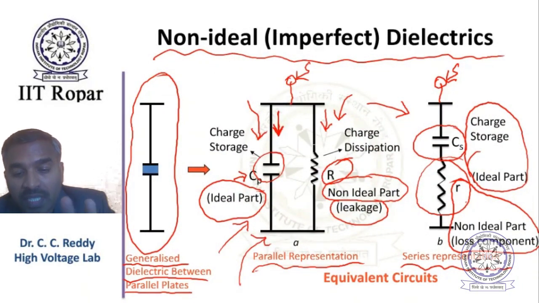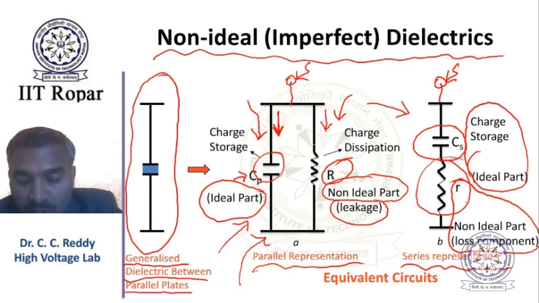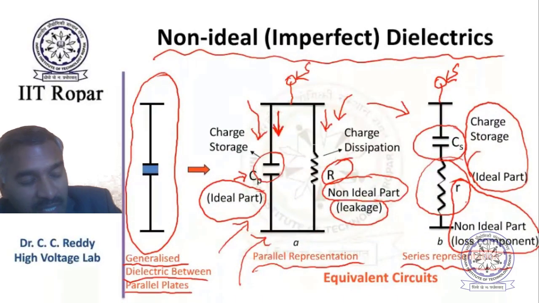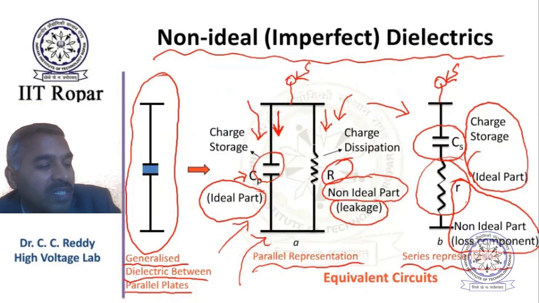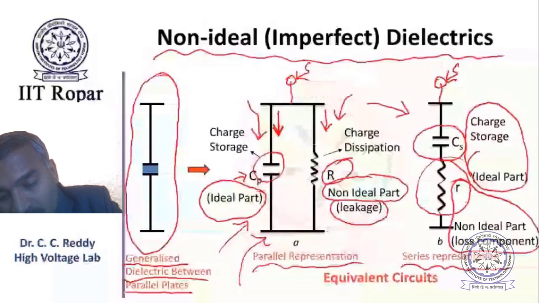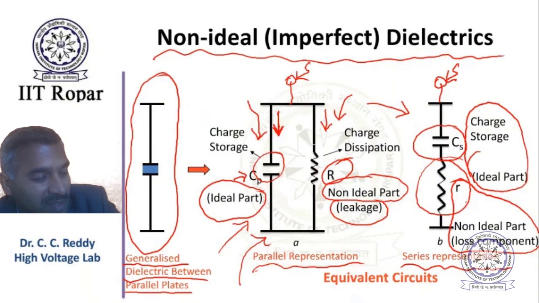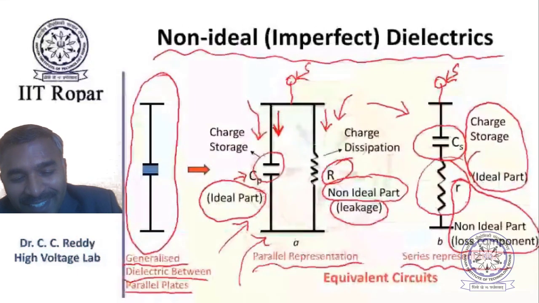In steady state there will be no current, but that means there is no loss. So if you represent using series combination, you cannot perfectly represent the DC case, because in the DC case also losses exist. Sir, we want the capacitor to be lossless, because the capacitor phenomenon is to charge instantly.